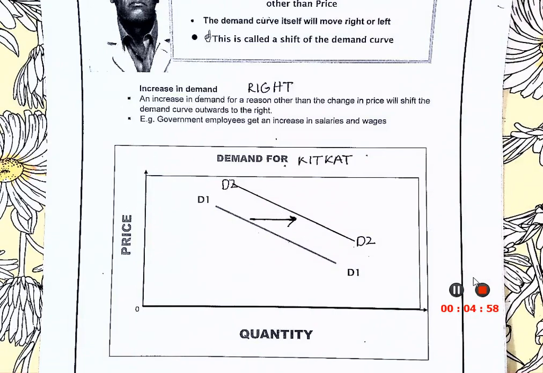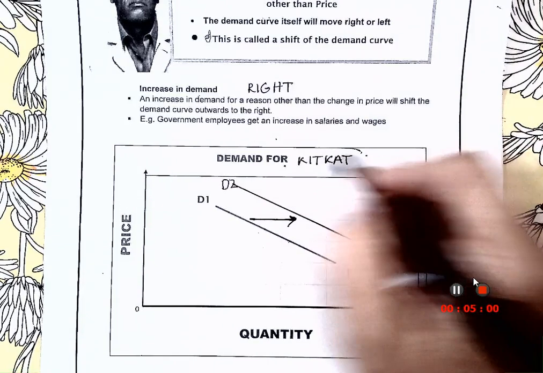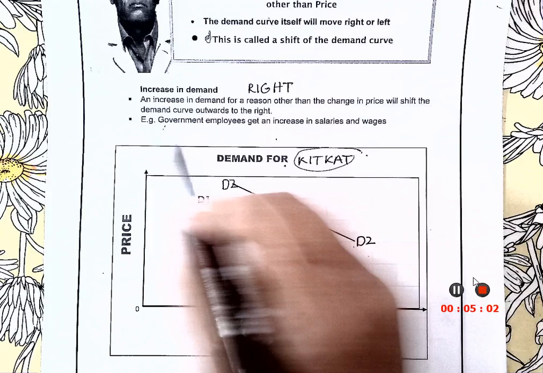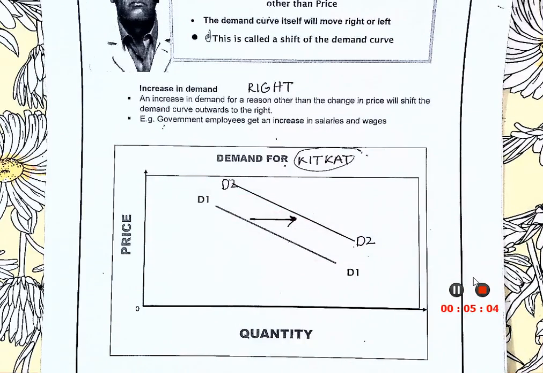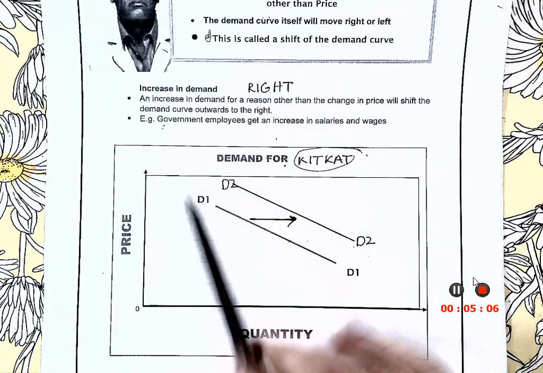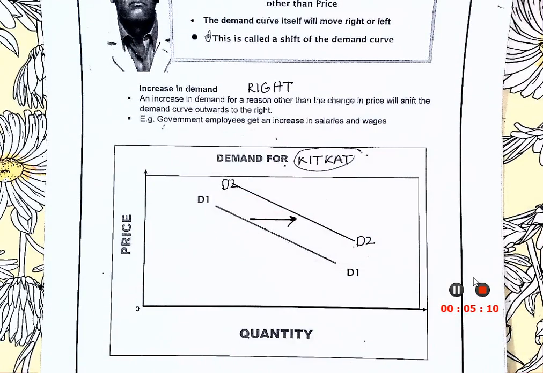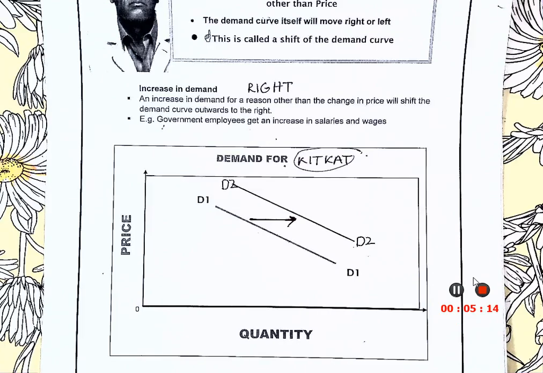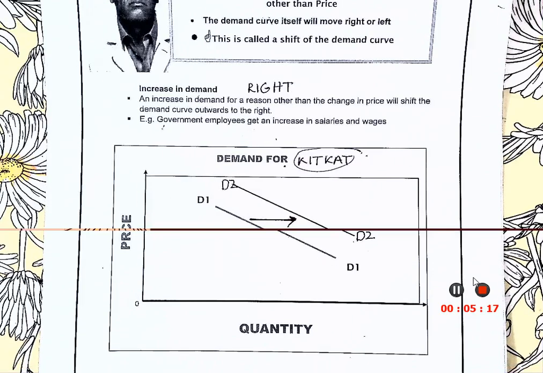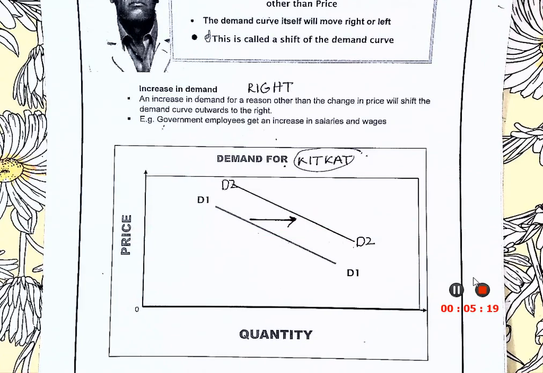But you're going to have to look if they give you a case study. In other words, they say an increase in the demand for Kit Kats because of blah blah blah. And you see it's not because of the price that dropped, but because suddenly Kit Kat is very popular.